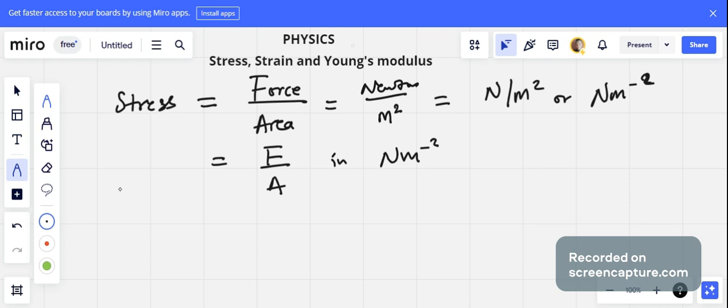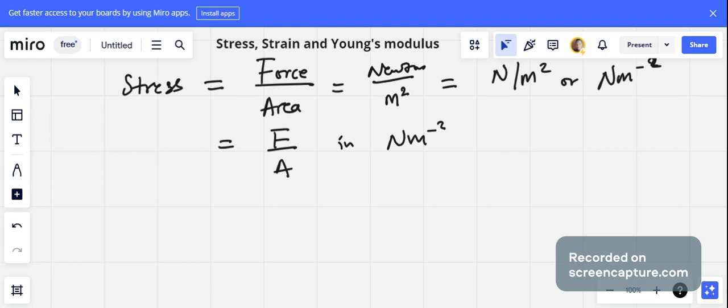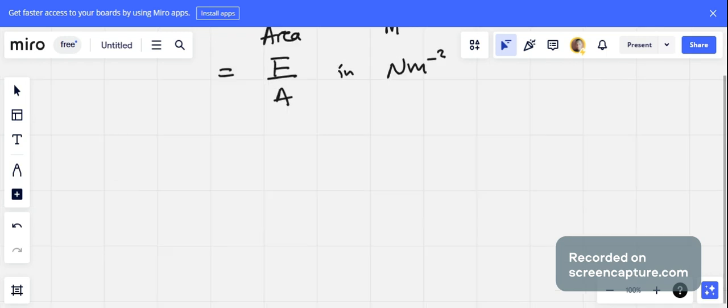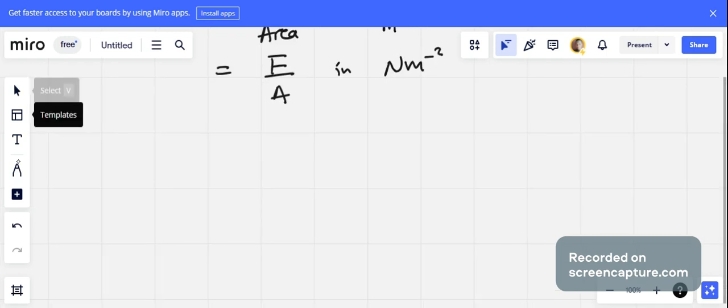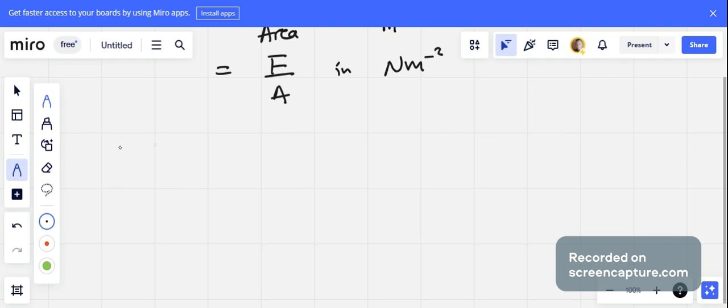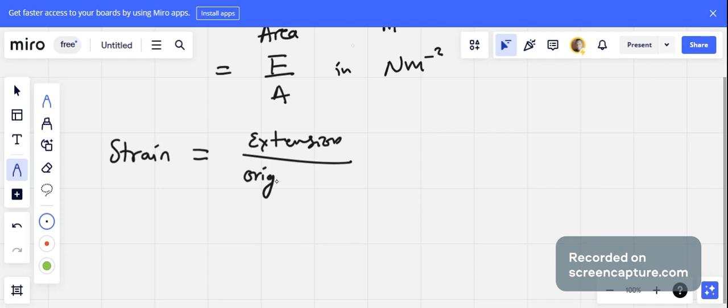The next one, we're going to look at what is called strain. Strain is defined as the ratio of the extension of the length of a body to the original length of that body.